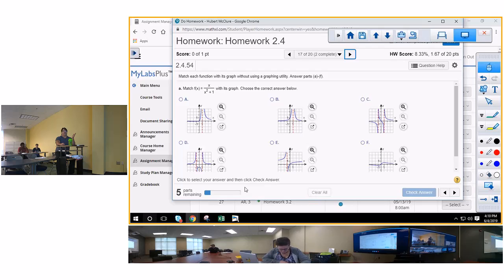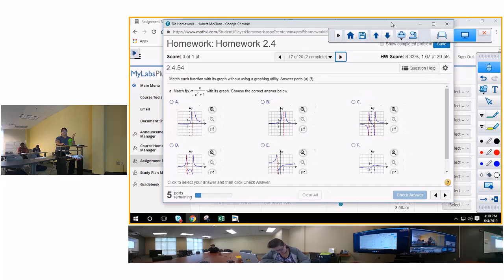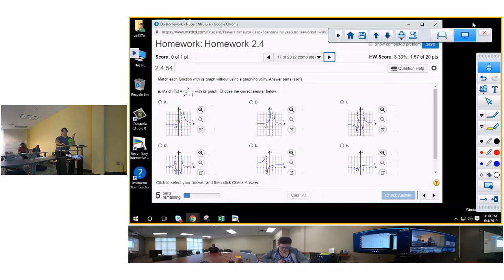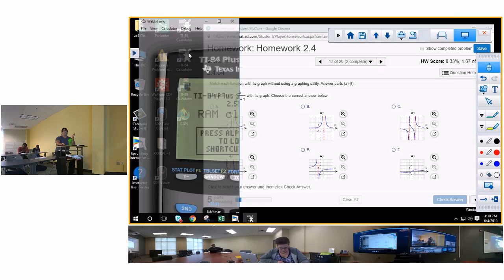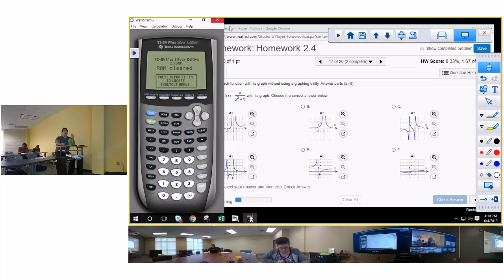So we'll pull the calculator up. This is just a calculator drill, but you can do it on a calculator, or you can do it by hand. I thought 2.4 was better. I thought it was infinity. I'm sorry.